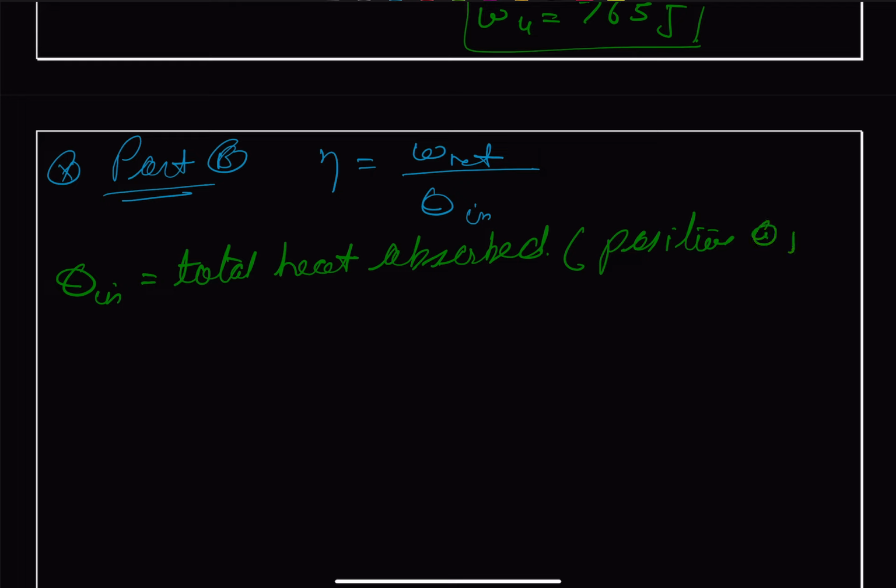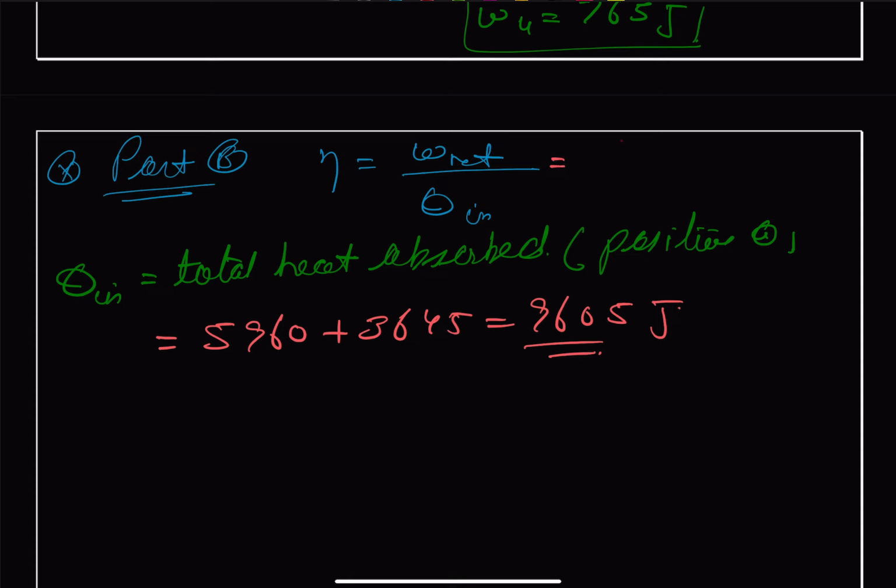Therefore, we can write this will be equal to 5960 plus 3645, which will be giving us 9605 joules. And we know our W net is equal to nothing but Q net. So therefore, we can write this as Q net upon Q in.